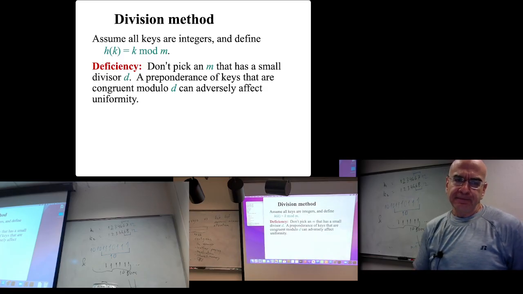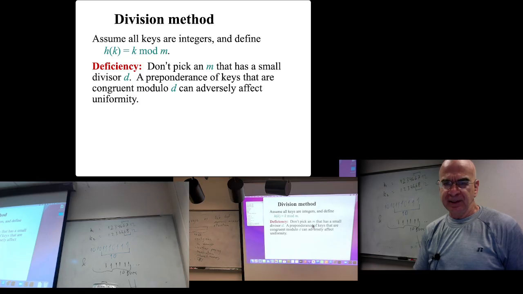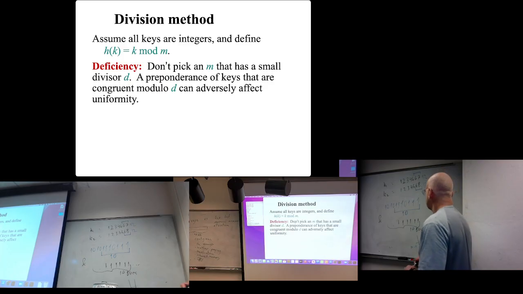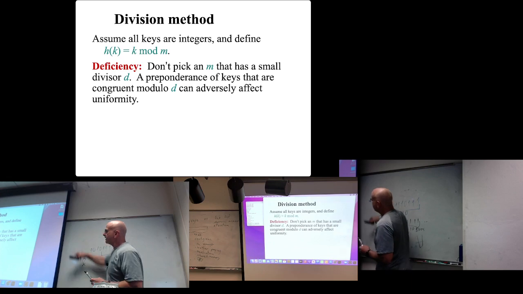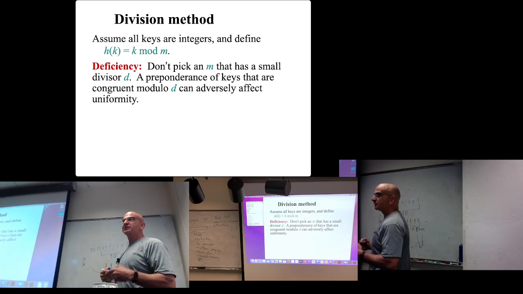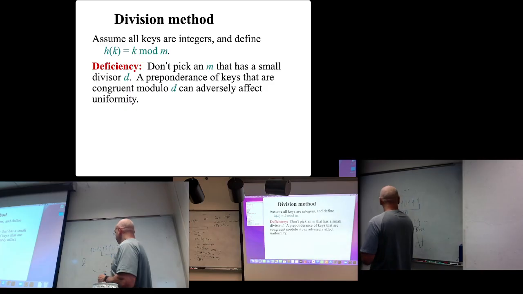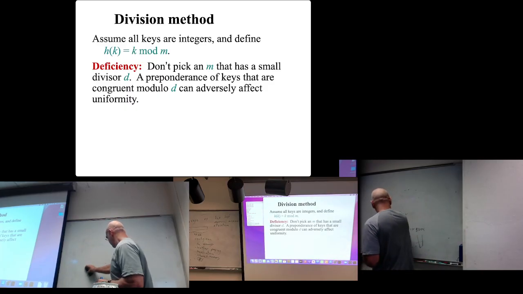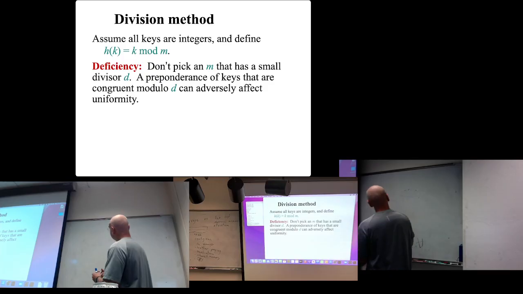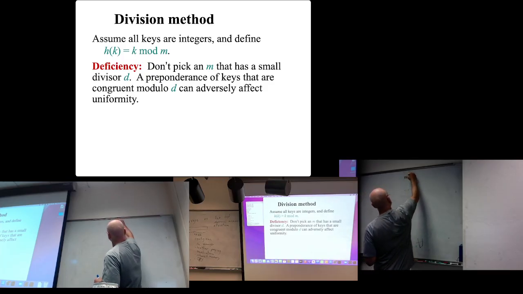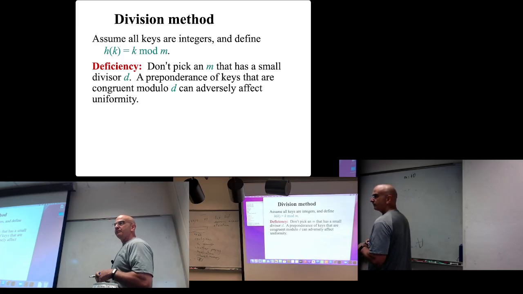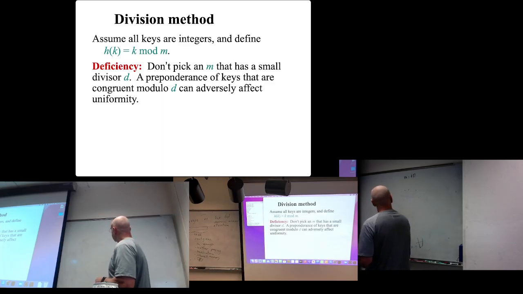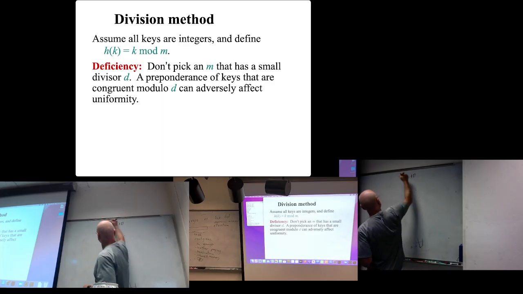Sometimes it's called the division operation. What's good? Let's think about another case that might appear in the data, where this function will not be great. Let's say that I am using m equal 10 as my hash function, where m is the size of the table.